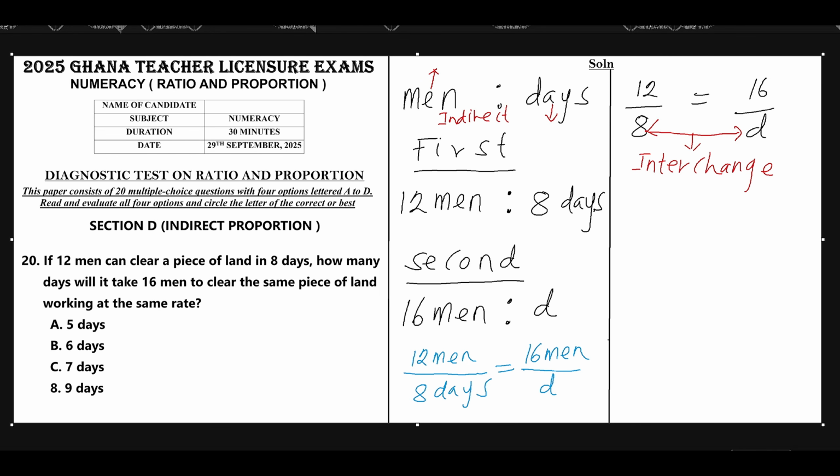So now we have 12, we have 16. We are only interchanging the denominators. So in place of 8, we have d. In place of d, we have 8. So now we can cross multiply.